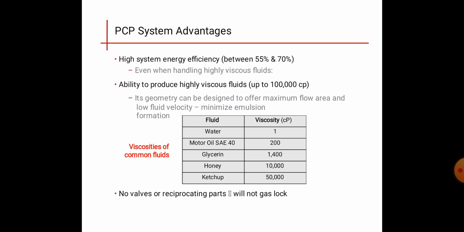It also has ability to produce highly viscous fluid up to 1 lakh centipoise. Its geometry can be designed to offer maximum flow area and low fluid velocity. So it also minimizes the emulsion formation.